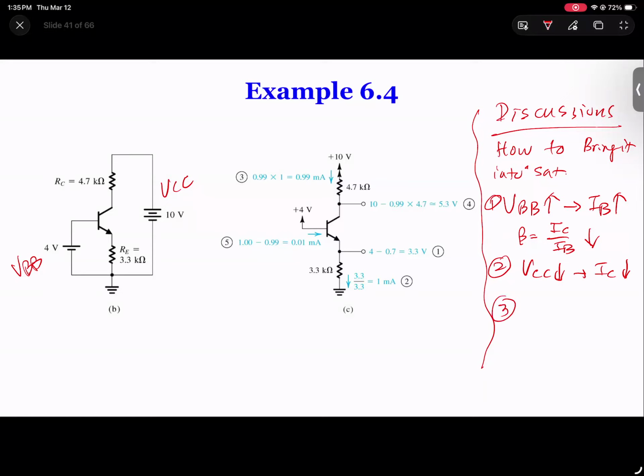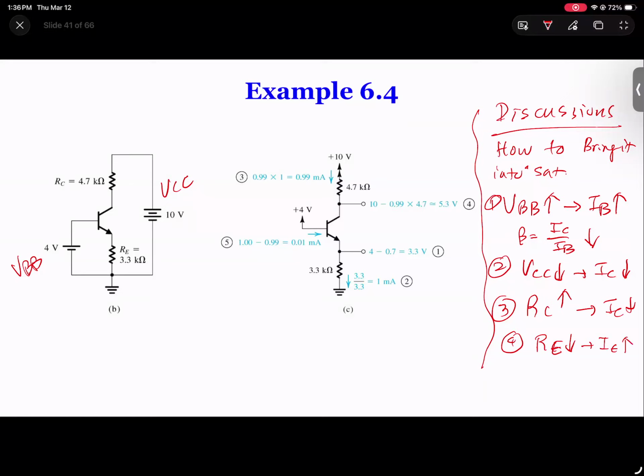Okay, what else can you do? Increase RC. Same thing, IC decreases. And number 4 is decrease RE. If you decrease RE, it makes IE increase.